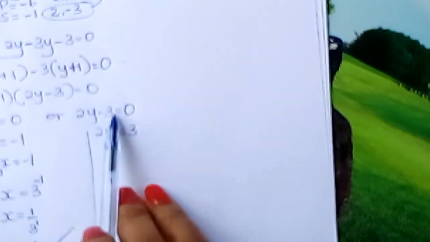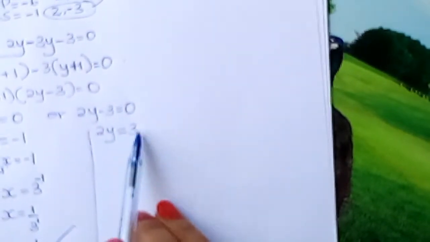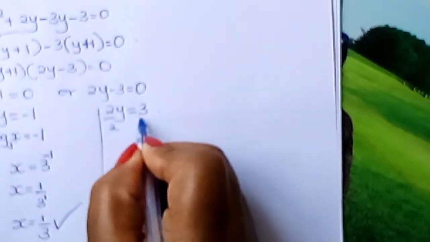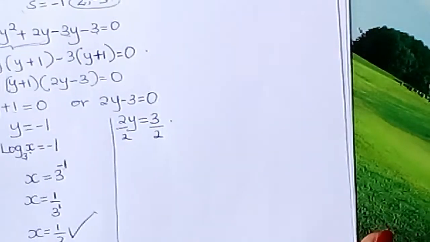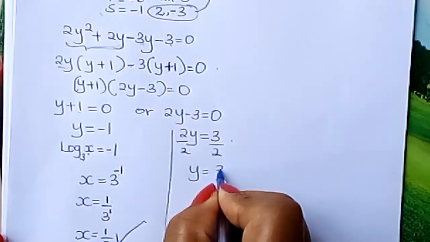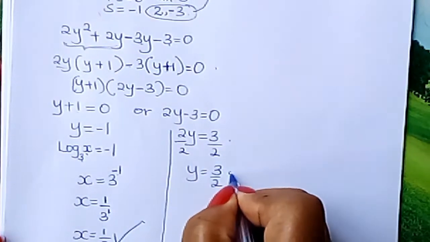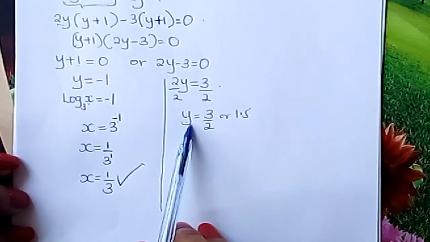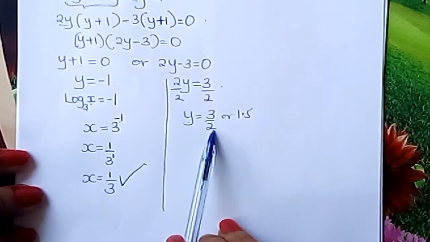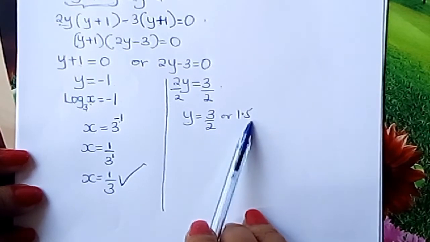We have said 2y minus 3 is equal to 0, 2y is equal to 3. So what is y? Divide by 2, divide by 2, learner. So y is equal to what? Y is equal to 3 over 2, which is the same as 1.5. So learner, y is 3 over 2 or 1.5.